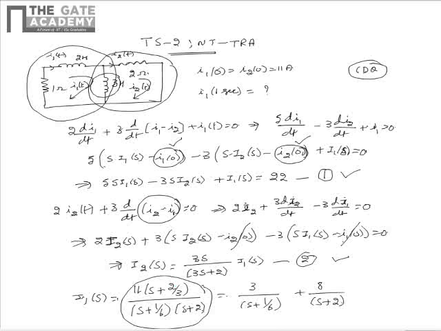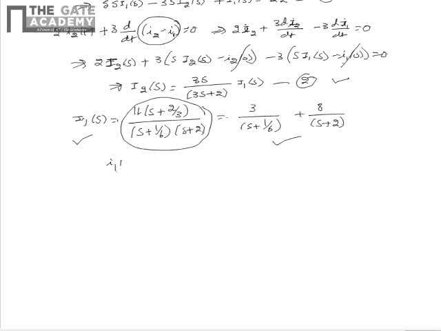Now by taking the inverse Laplace transform on the left-hand side and right-hand side, we see that i1(t) can be written as 3 e^(-t/6) u(t) + 8 e^(-2t) u(t). This is because the inverse Laplace transform of 1/(s + a) is e^(-at) u(t).